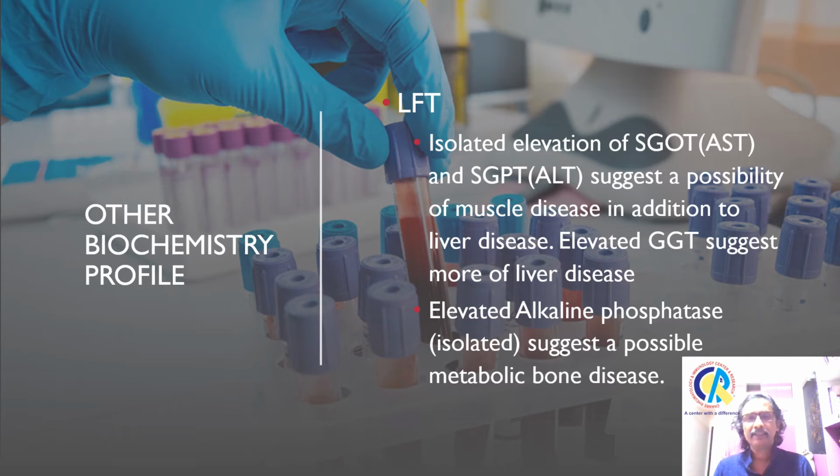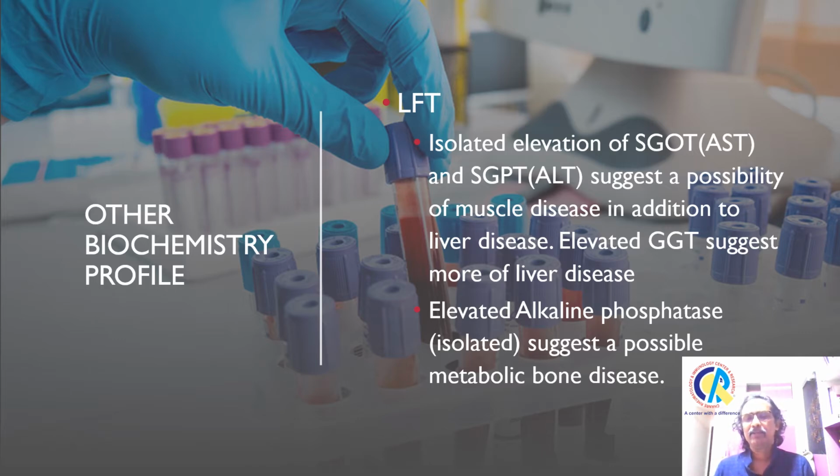In a scenario where there is isolated elevation of SGOT, SGPT, which we sometimes call transaminitis, one needs to consider that both SGOT and SGPT are also sourced in muscles. As a result, if you have an isolated SGOT, SGPT elevation with minimal or normal GGT, one has to consider a possible muscular disease.